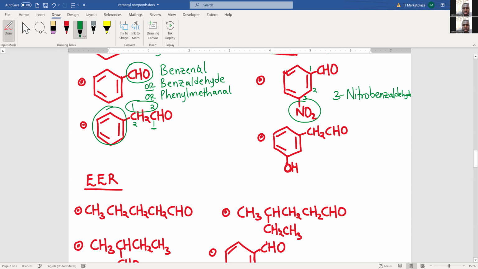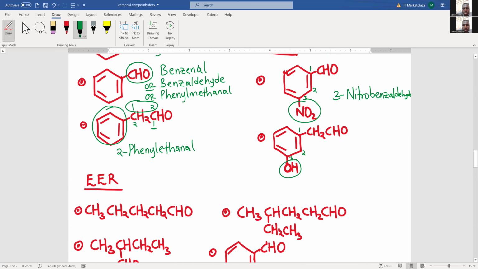If I go with where CHO is at 1, then at 2, I have a branch. So the name becomes 2-phenyl ethanol. Then considering OH, we shall have 1, 2, 3.